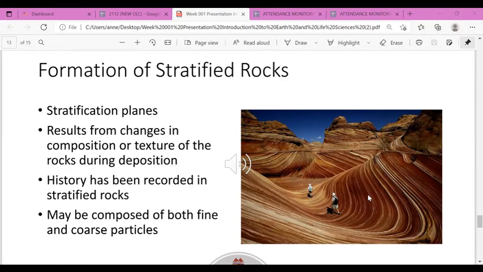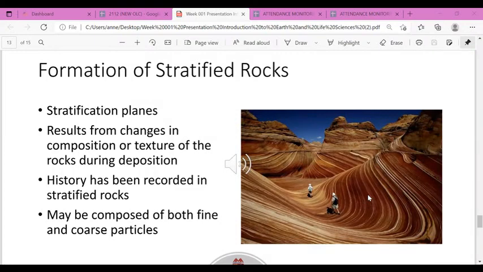Okay, as you recall, sabi nga ni ma'am, kung gaano kapula ang lupa, ganun kataas ang iron content niya. So this one is red to brown, meaning the iron content of this rock is very high. Okay? And a lot of history.